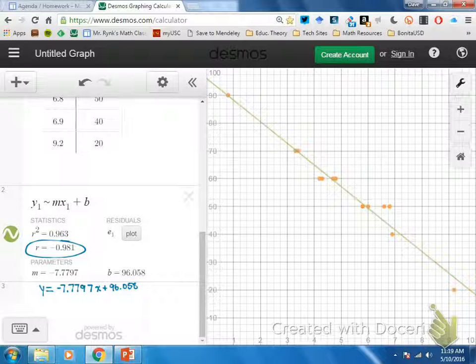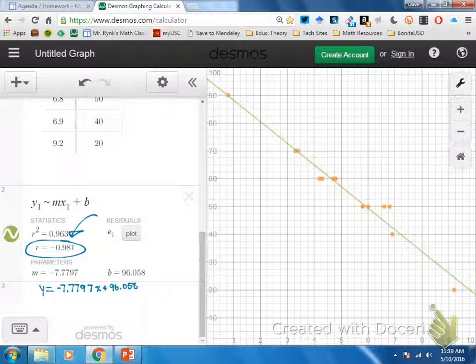Looking at your R value, is it a direct, inverse, or no relationship? Turn to your neighbor and tell them, looking at this number right here. This isn't a trick question. You already know this. What do y'all think? Inverse.